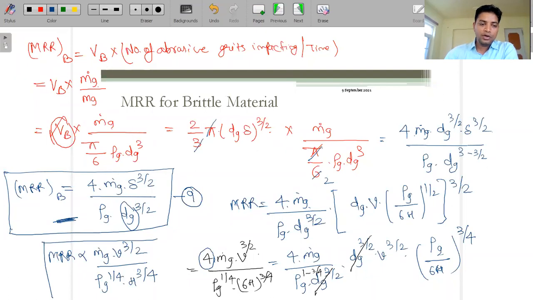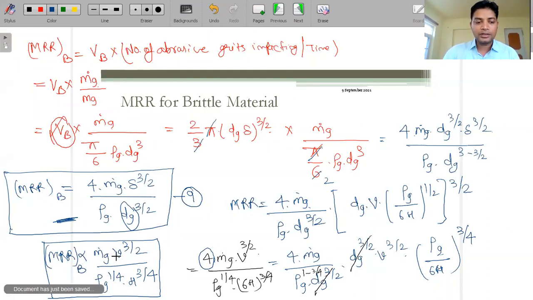This material removal rate for the brittle material depends on mg, v, rho g and h. How it depends? By this relation. Okay guys, so please remember this one.